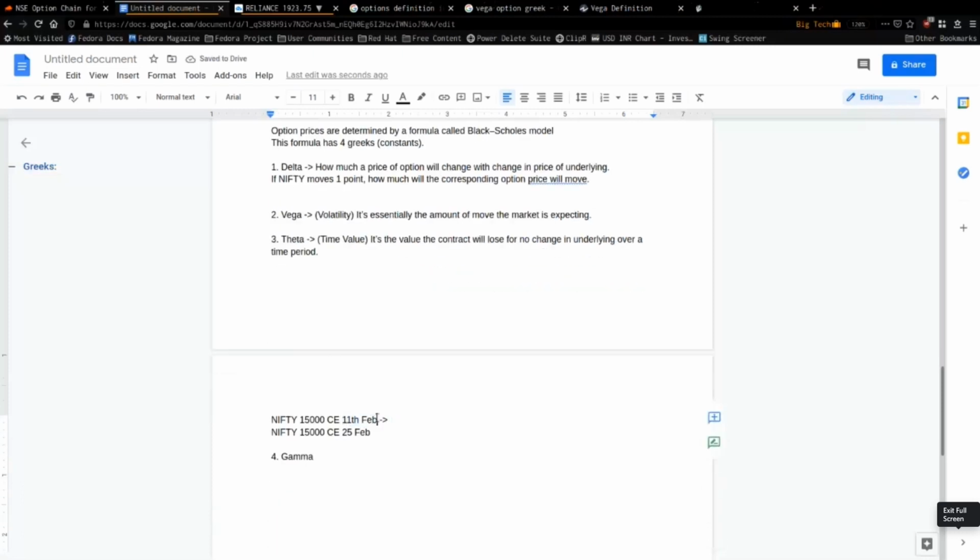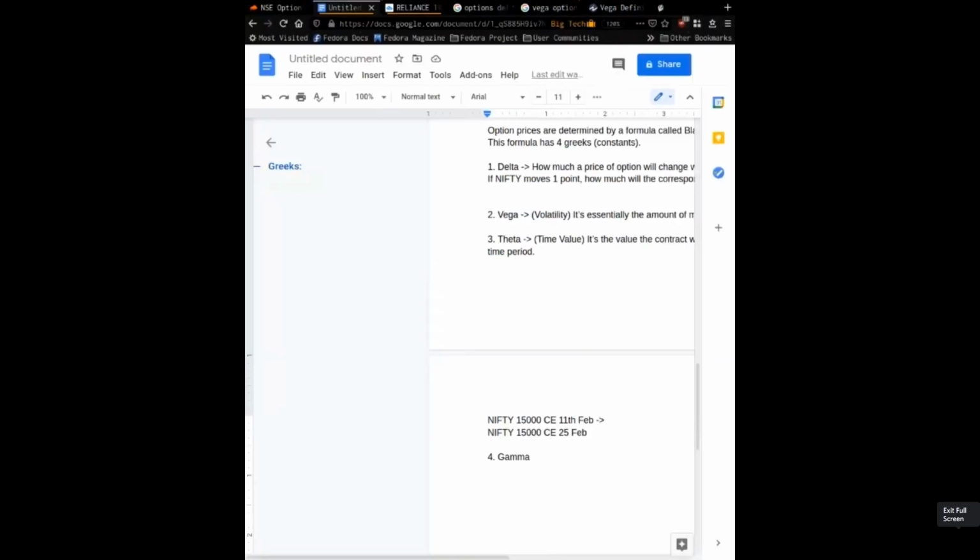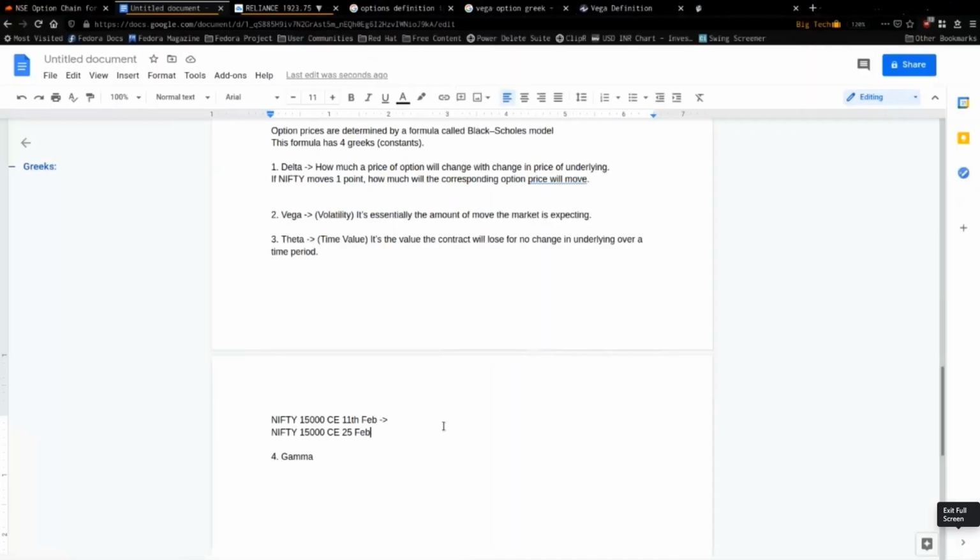So this particular one is closer. How much is the expiry on this? 1, 2, 3, 4, 5. So this has 5 days to expiry. And this particular one has some 20 days to expiry.